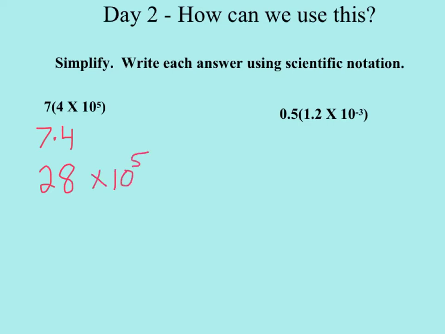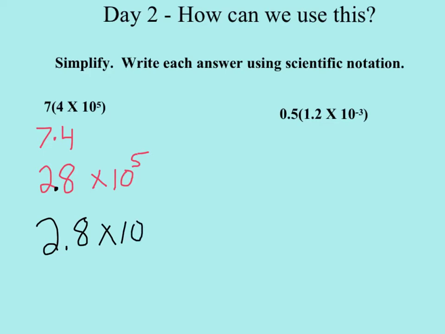But remember, scientific notation says that this number has to be in between 1 and 10, and it's not, it's too big. So I'm going to put my decimal right here, and I'm going to write 2.8 multiplied to 10.